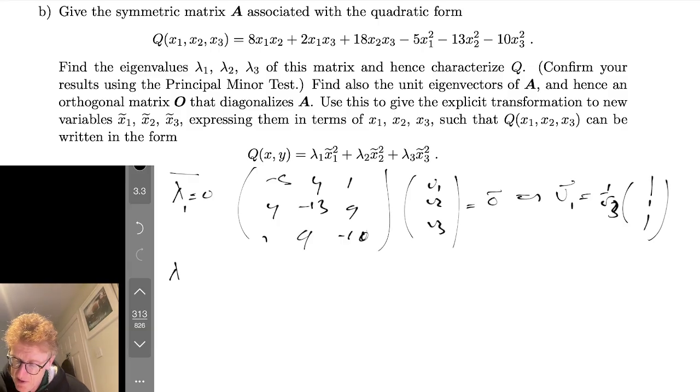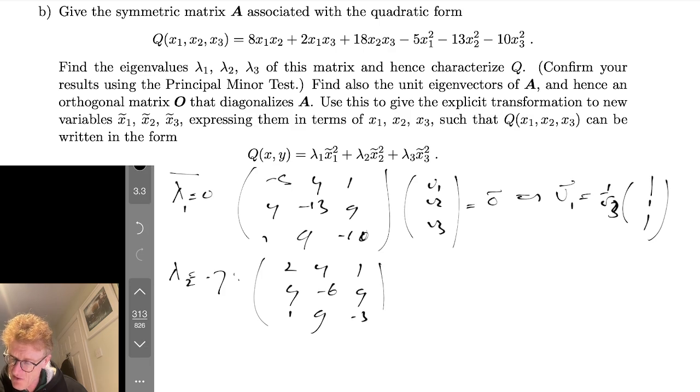I leave that to you. Lambda 2 is -7. Then we get -5 minus -7, so that's 2, 4, 1, 4 minus 30 minus -7 is -6, 9, 1, 9 minus 10 minus 7 minus 10 minus -7 is -3.